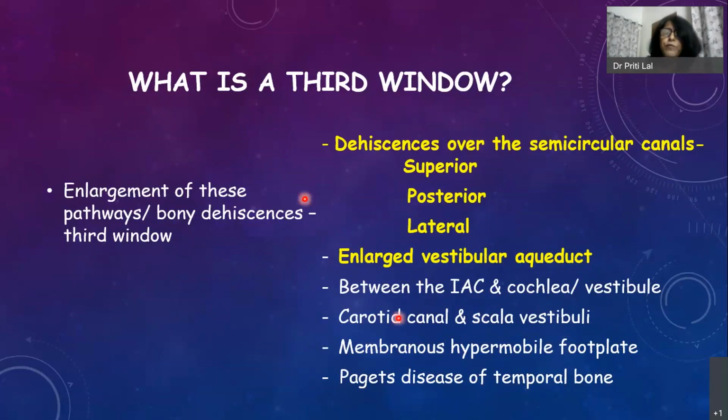So today we are going to focus on the more common third window conditions, that is the dehiscences over the semicircular canals and the enlarged vestibular aqueduct.